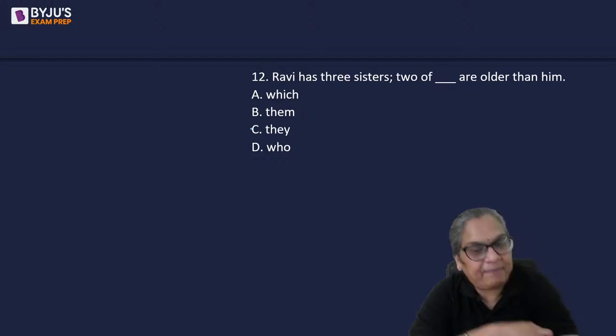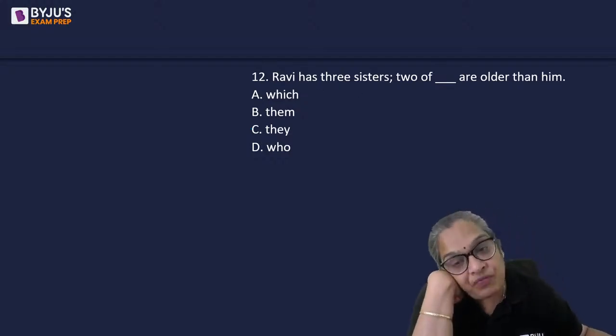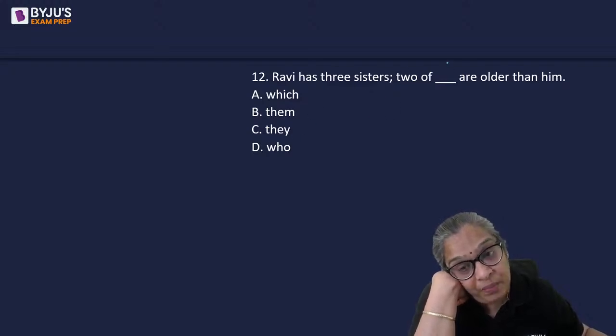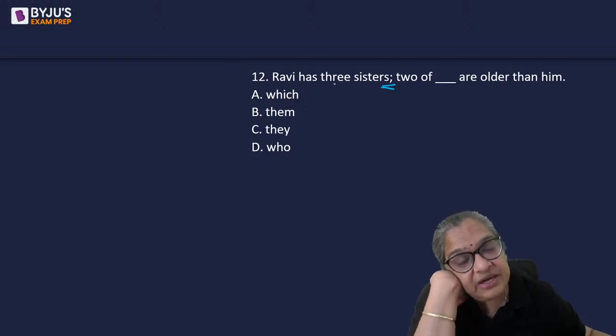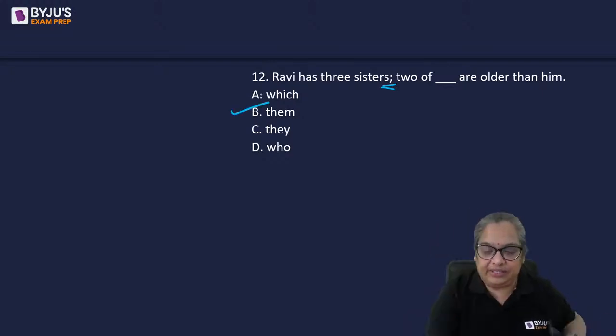Two of them. If I had given whom here, it shouldn't have come, because it doesn't make sense. This is a separate clause, and both are independent. You're saying Ravi has three sisters, almost as good as putting a full stop here. Two of them are older than him.